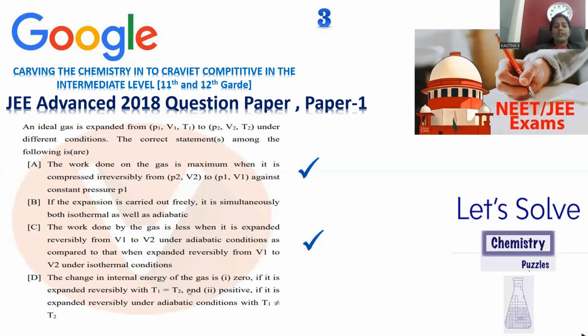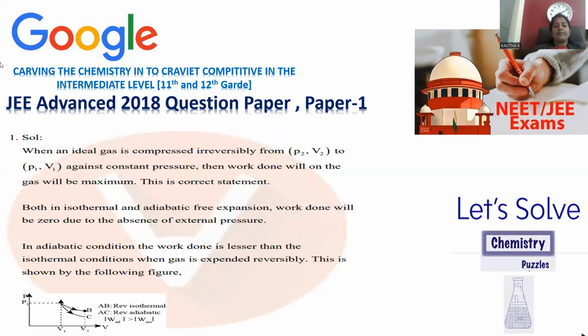So here T1 to T2 is the isothermal process, right? T1 to T2 is said to be an isothermal process, and positive if it is expanded reversibly under an adiabatic process. Positive is wrong. In both cases, it will be zero only. That's why it is not the correct answer. We will get the extensive explanation for this question in the solution part.